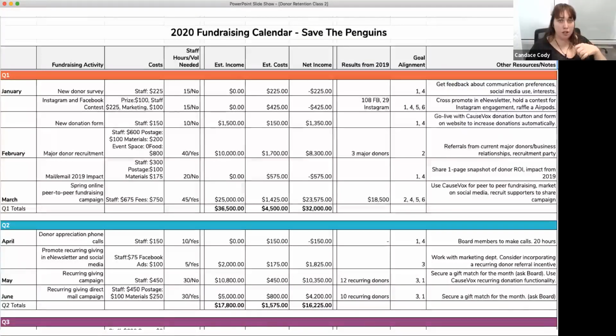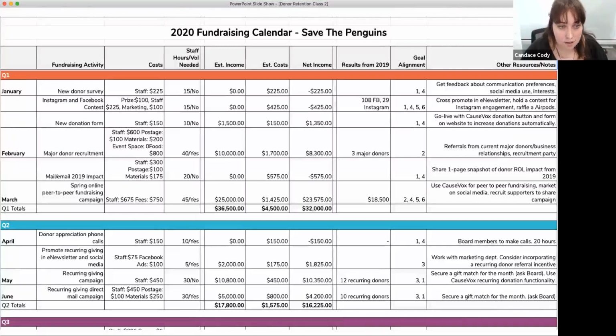And don't worry, there's a big chunk of this fundraising calendar in the middle that's all about cost. Feel free to use that, but I think it's much more important to map out which of these donor retention strategies you're planning on implementing and what goals that specifically aligns with to help you achieve donor retention.